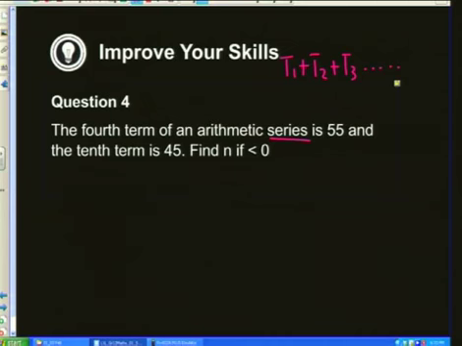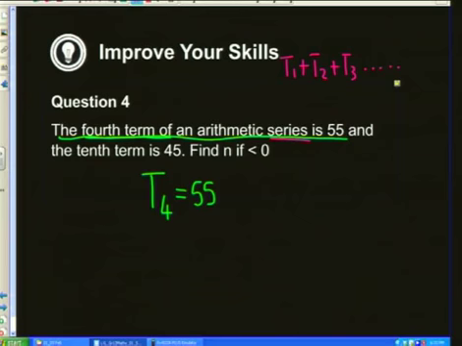Now, as I said, your coding is what we use. So the fourth term, so T4, is 55. So what I've done is I've just changed this whole sentence into code. And the 10th term is 45. So now I'm going to change that to code.